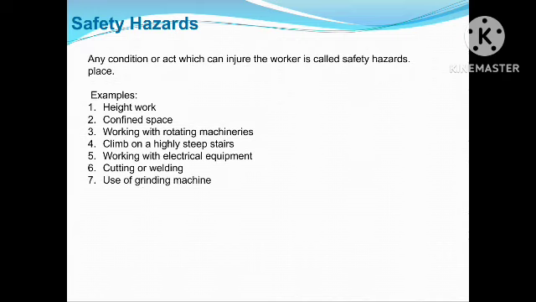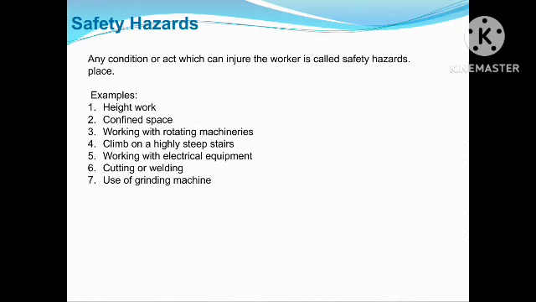You see, use of a grinding machine. The grinding machine speed is more than 12,000 rpm, and it is a very vital tool used in most industries. As the speed is very high, if we use the grinding machine without checking the grinding wheels or the machine, or without checking the check nut which tightens the cutting wheel or grinding wheel, then the chance of a serious accident is more.